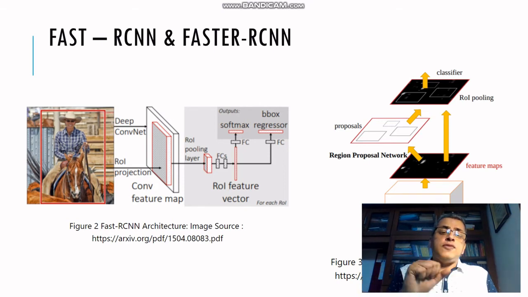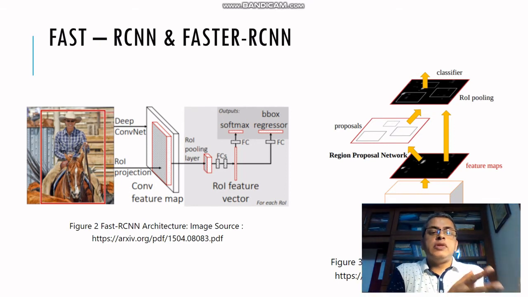So one advantage of this FAST-RCNN was that you could train end to end. You saw in the RCNN that there were different moving parts. You have to have a selective search algorithm, then a CNN to extract features, then SVMs to do the classification. But unlike that, here you could do end-to-end training.